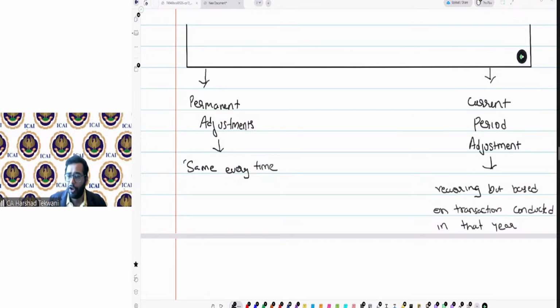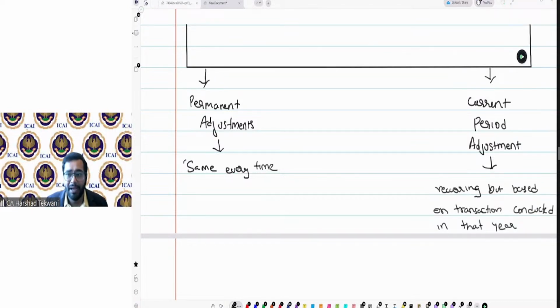Correct, Venkata. Goodwill or capital reserve. Correct, Suraj. Tanisha, current period adjustment is every time intra-company transactions are eliminated, that is the current period, because based on the current period's amount, you adjust that.